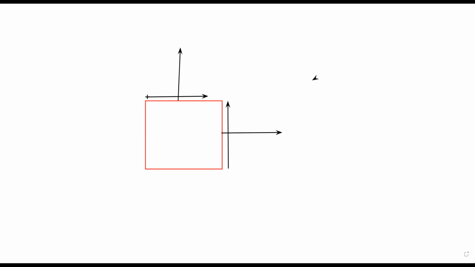The question is, we are having a stress element, and this stress element is subjected to normal stresses as well as shear stresses. The normal stress here is 10 megapascal along the sigma x axis. This is 20 megapascal.